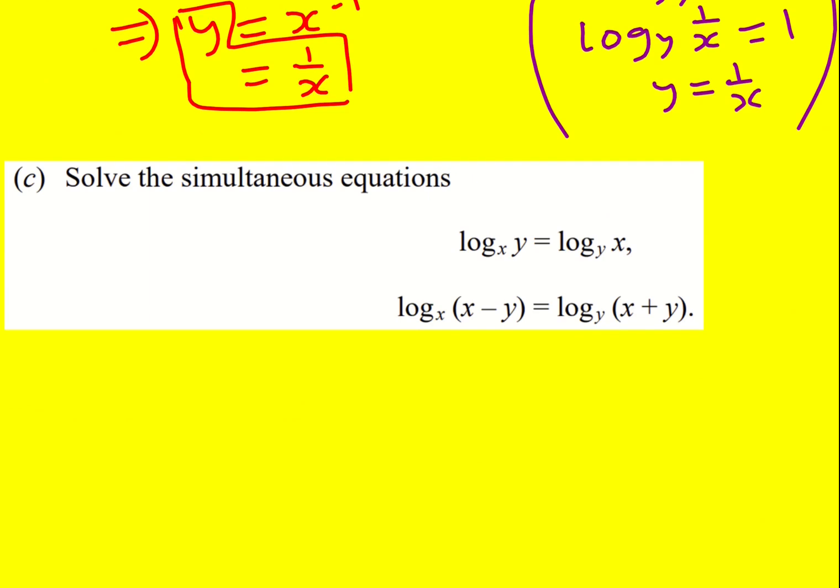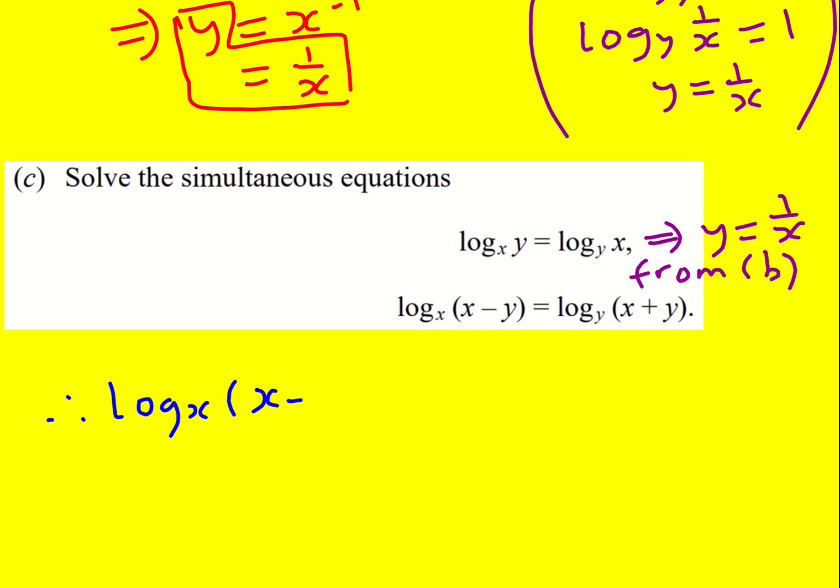Okay, first up is that we have this, these are equal, and this implies that y is equal to 1 over x from part B. And therefore, I can replace y by 1 over x in the right-hand side over here. Do you know what? I can replace all of it actually, can't I? I can just get an equation in terms of x.